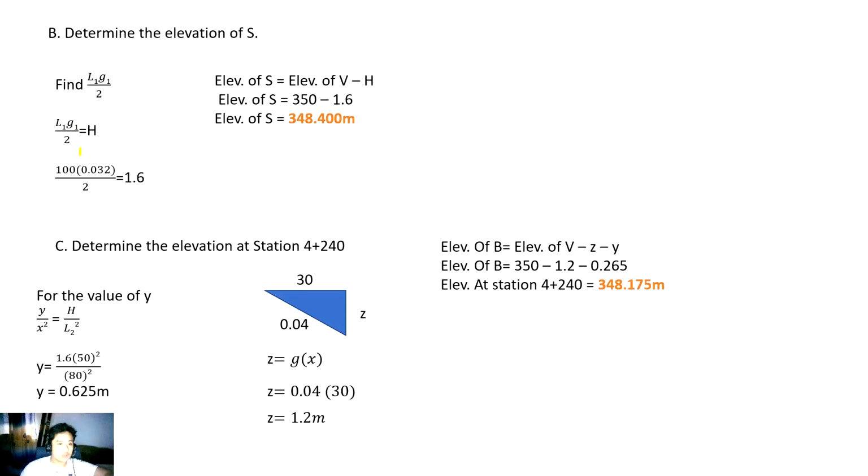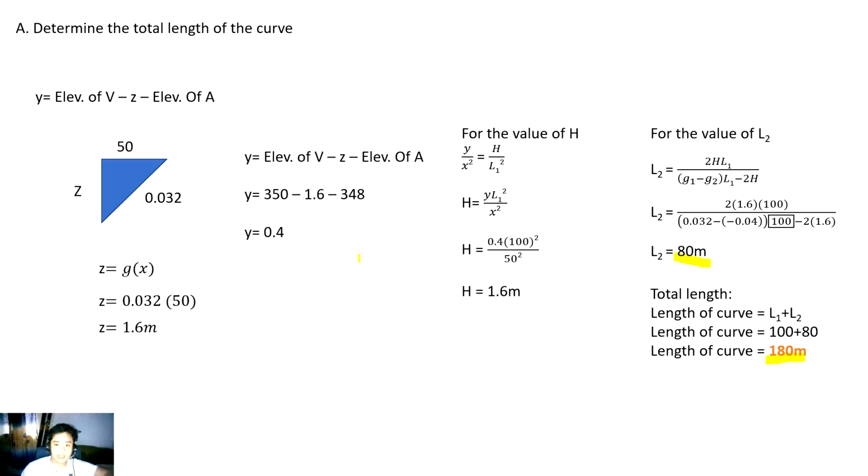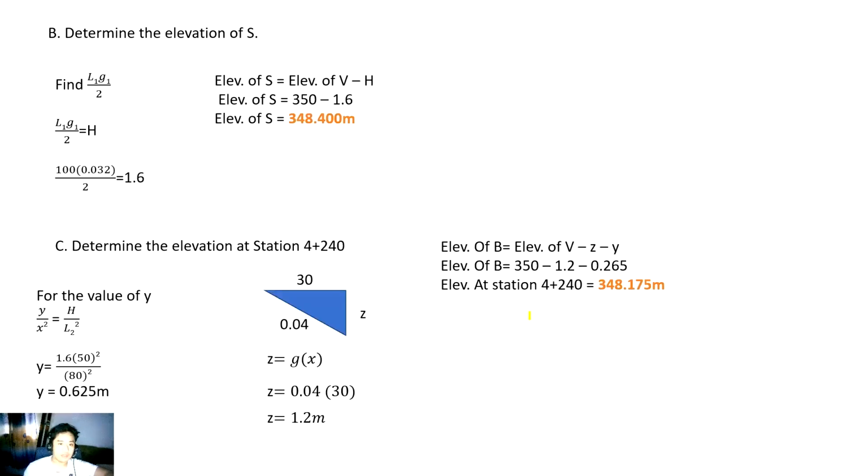Nilagay ko siya na equals H kasi since ang L1 natin is 100 and G1 natin is 0.032 over 2, ang lalabas diyan ay 1.6. Ngayon, kung maaalala nyo, ang ating H is 1.6. So, anong ibig sabihin nun pag pareho sila? So, kinonclude ko na yung S natin or yung lowest point ay manggagaling sa vertex.